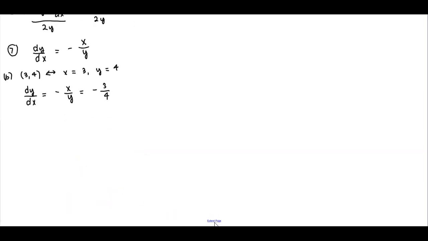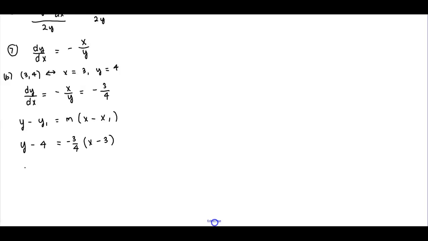That tells us that the slope is negative 3/4. So when we're using the point slope form, y minus y1 equals the slope times x minus x1, we know that y1 is 4, the slope is negative 3/4, and this is times x minus 3.